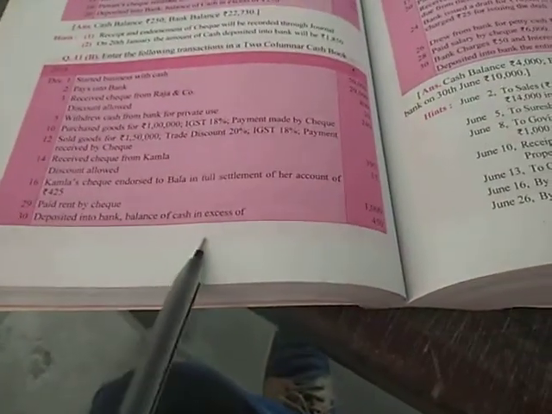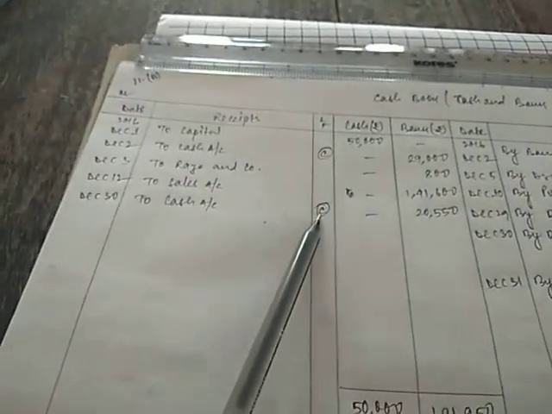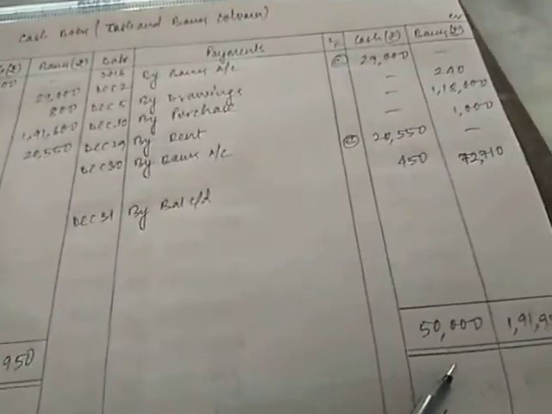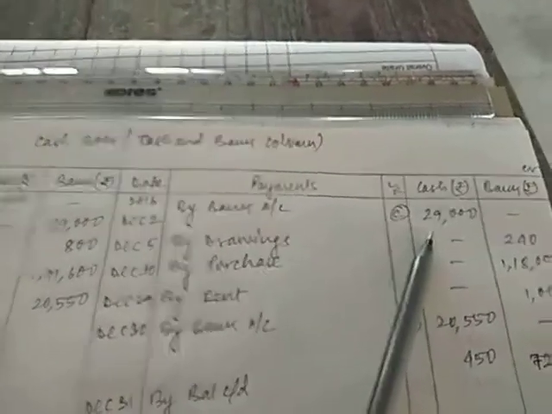And at last we have deposited into bank balance of cash in excess of rupees 450. Apart from 450, whatever balance of cash we are having, that you will deposit into bank. So for this we will make entry later on. First of all, we need to make the balance. So 50,000 is the balance of cash on the debit side. So I have written 50,000 here and 50,000 this side also. Apart from this 50,000, there is nothing, only 29,000 is there in cash account.